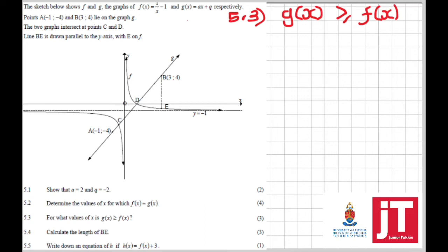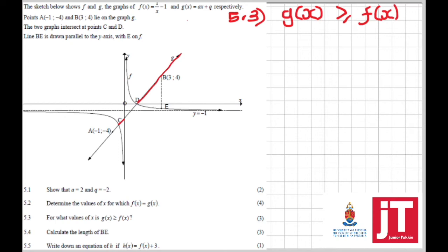So we're looking for values of x for which the straight line is above the hyperbola. Just to show you graphically, that small region that I've marked there, the straight line is above the hyperbola. Not only that, even from point D going upwards.